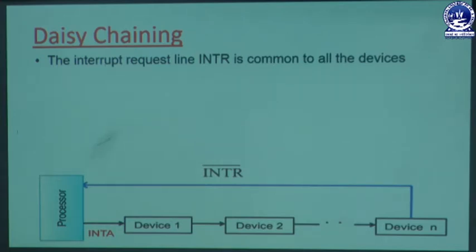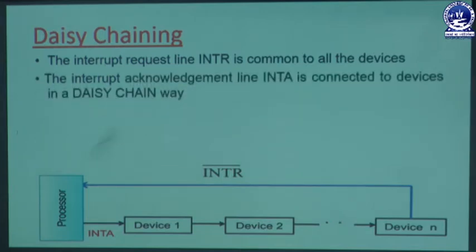Here in this daisy chaining method, the devices are attached to the processor in a sequential manner, like this. There is only one interrupt request line which is common to all the devices, so by using a single interrupt request line, every device can send its request to the processor.